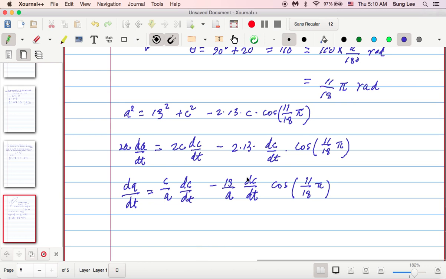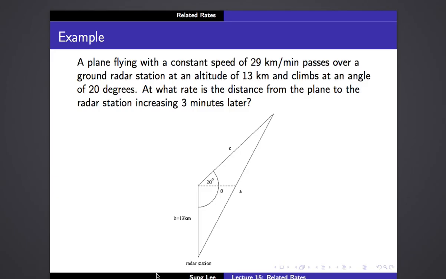So what's known here? A plane flying with a constant speed of 29 kilometers per minute.